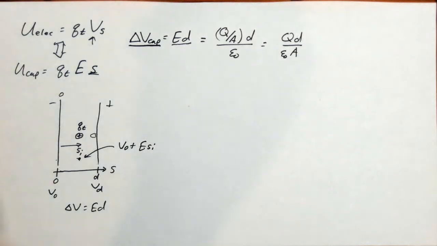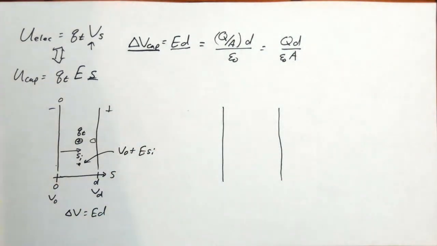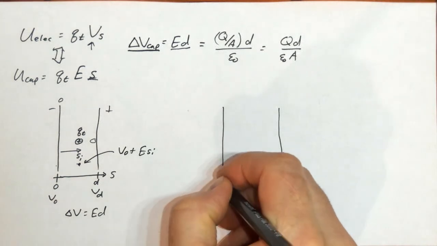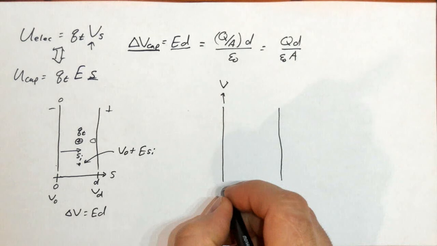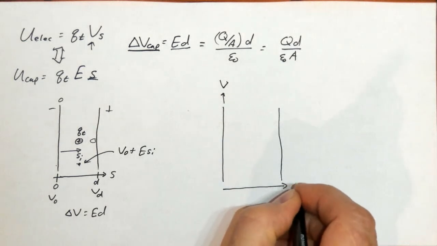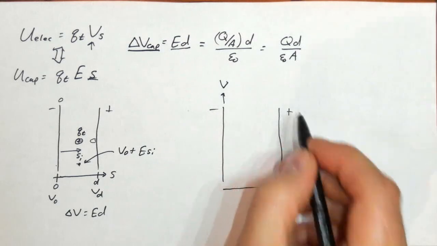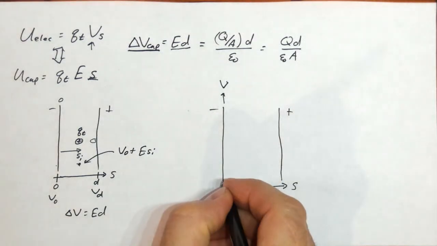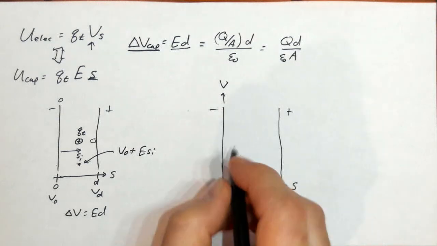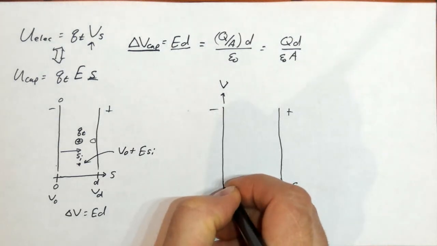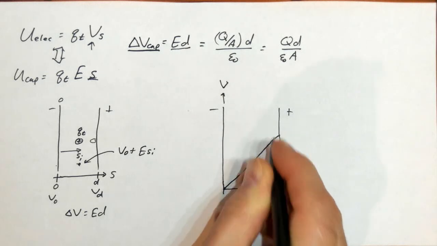So one way of looking at that is if I redraw these capacitor plates, can I imagine graphing? Up this axis is my potential, and across this axis is S. And this is actually my negative plate and my positive plate. Then I could choose this to be 0, for example, for this case. And I could say it starts here, and it'll grow linearly across.